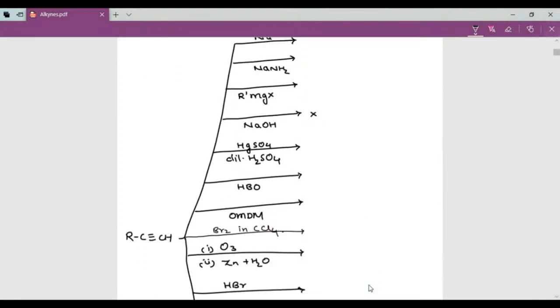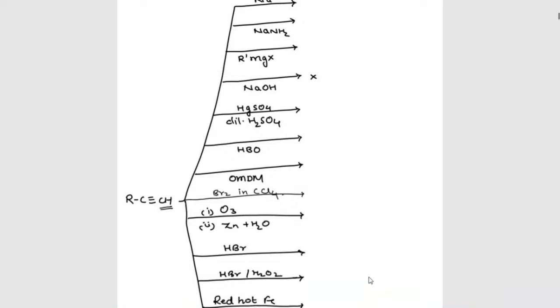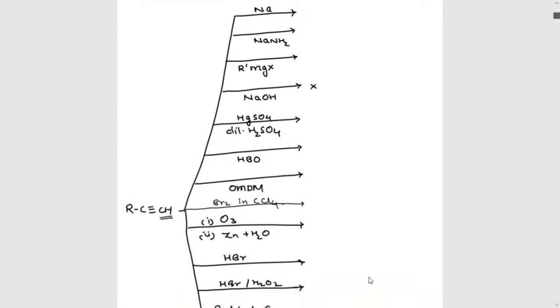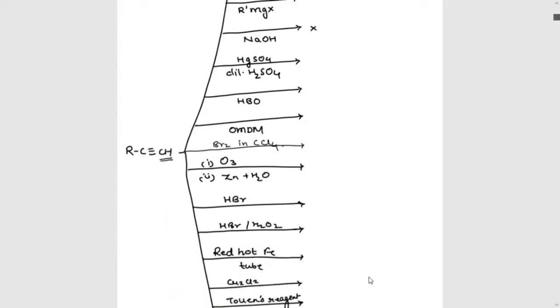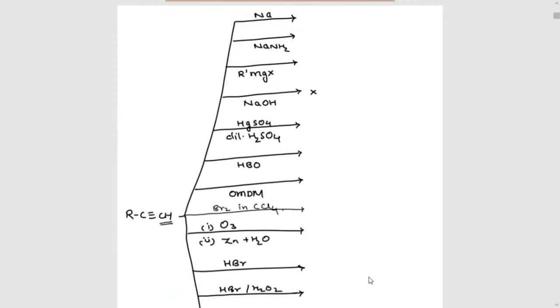I have intentionally taken a terminal alkyne, because terminal alkynes have slightly extra reactions or different characters as compared to normal alkynes. Non-terminal is the word I will use in place of normal alkynes. So these are the set of reactions that I would like to discuss with you today in this sequence of alkyne reactions.